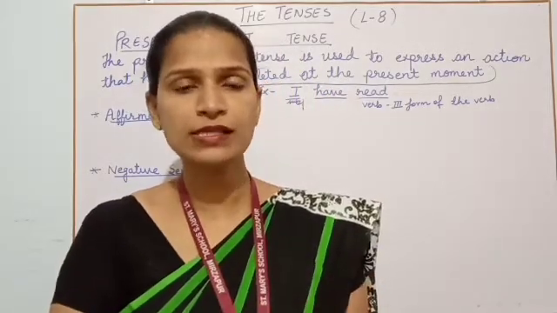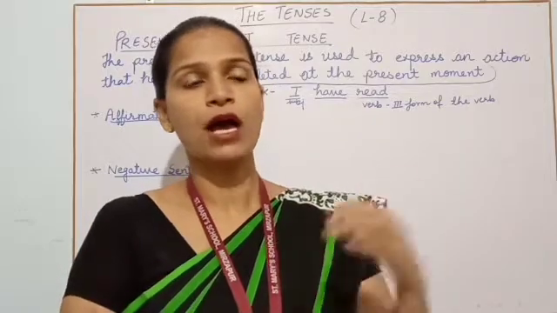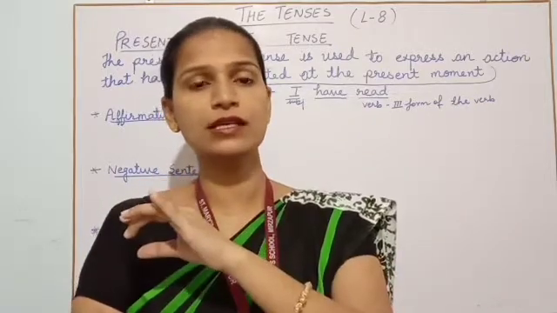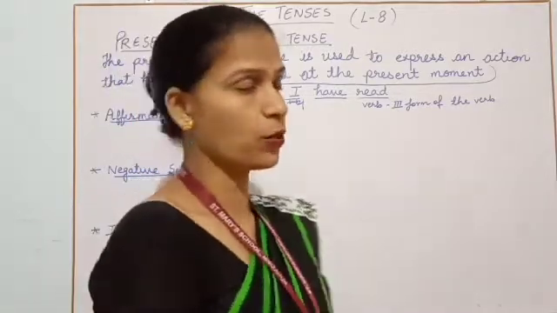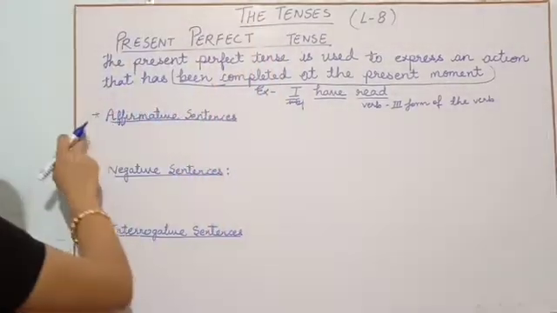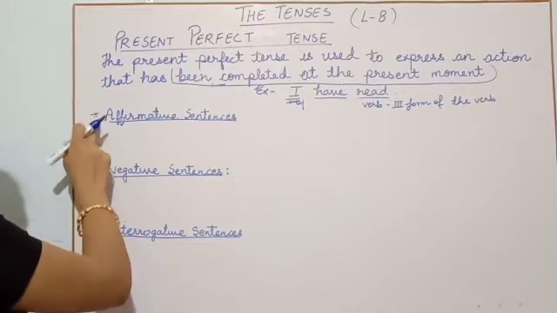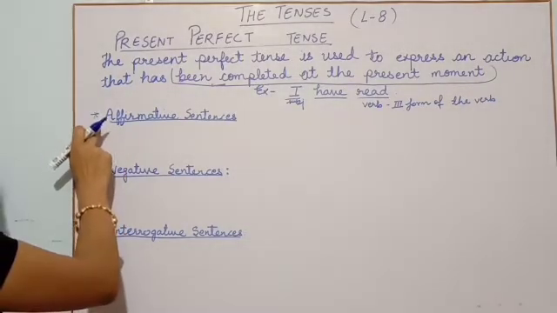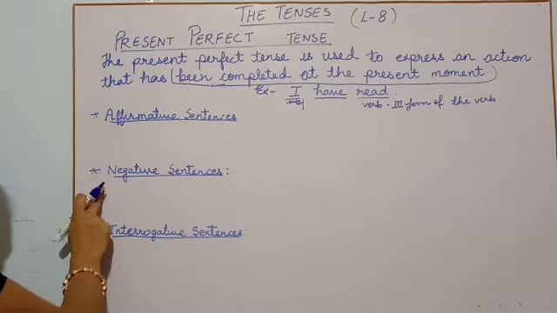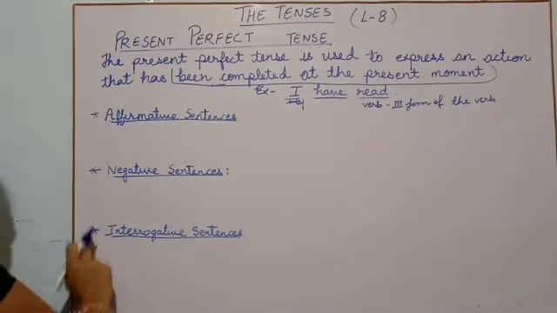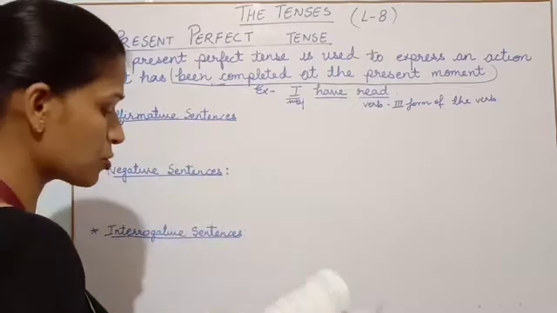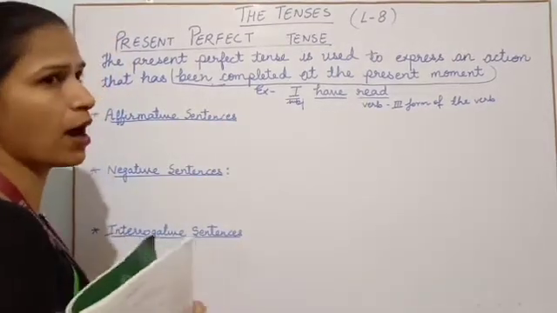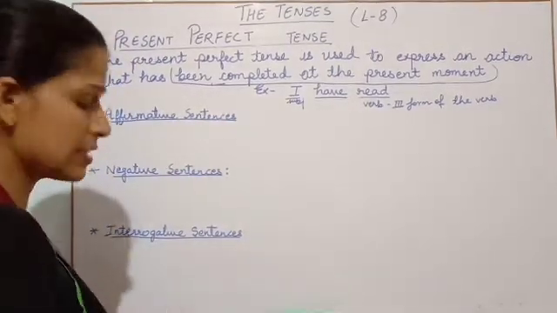What you have to understand here is how we can construct a sentence which has present perfect tense. In three ways we can construct it: affirmative sentences, negative sentences and interrogative sentences. Affirmative, as I told you in the previous video too, means positive statements.